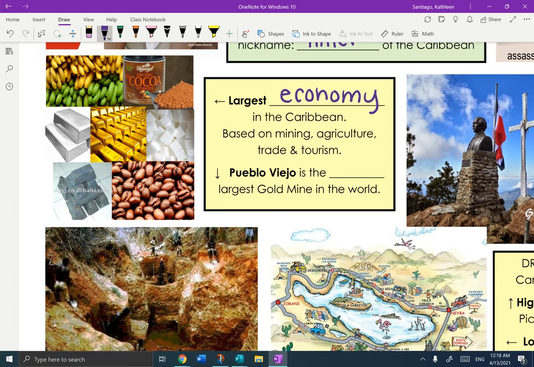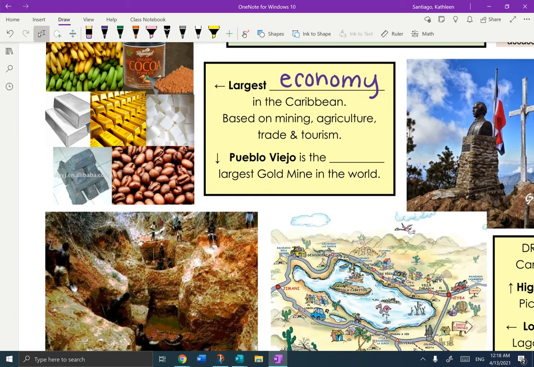It is based on mining, and you can see silver and gold, agriculture, cocoa beans, sugar, bananas, trade, and tourism. We're going to talk about tourism in a little bit. And Pueblo Viejo is the second largest gold mine in the world. This is Pueblo Viejo.